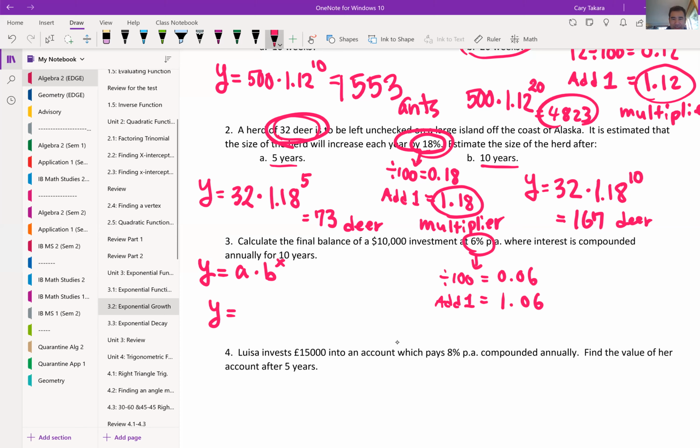So A is going to be 10,000 because that's the initial value. And then B represents the multiplier, which is 1.06. And then X is the time. And in this case, it is 10. Okay, so let's figure out. I hope you already figured it out. Thank you. I want to do that too. 10,000 times 1.06 to the 10th power.